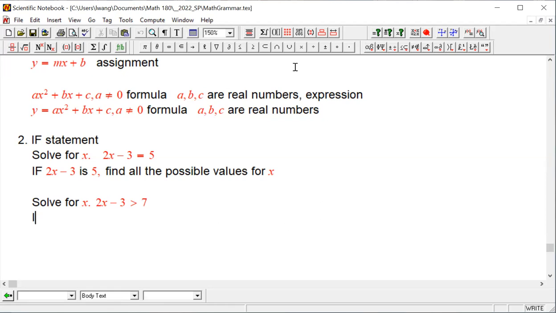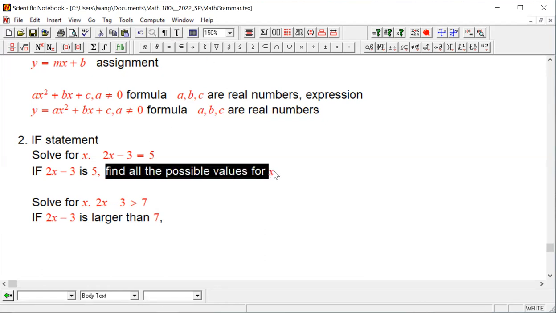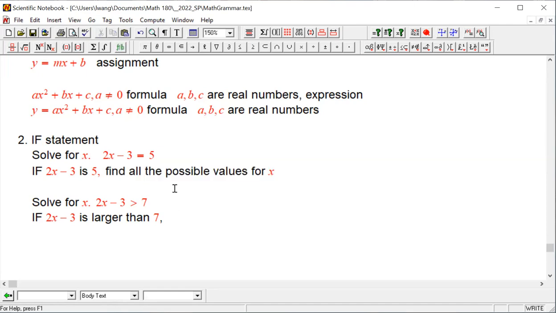It means: if 2 times a number we don't know, minus 3, is larger than 7, then find all possible values for x. So these are the situations of if statement.